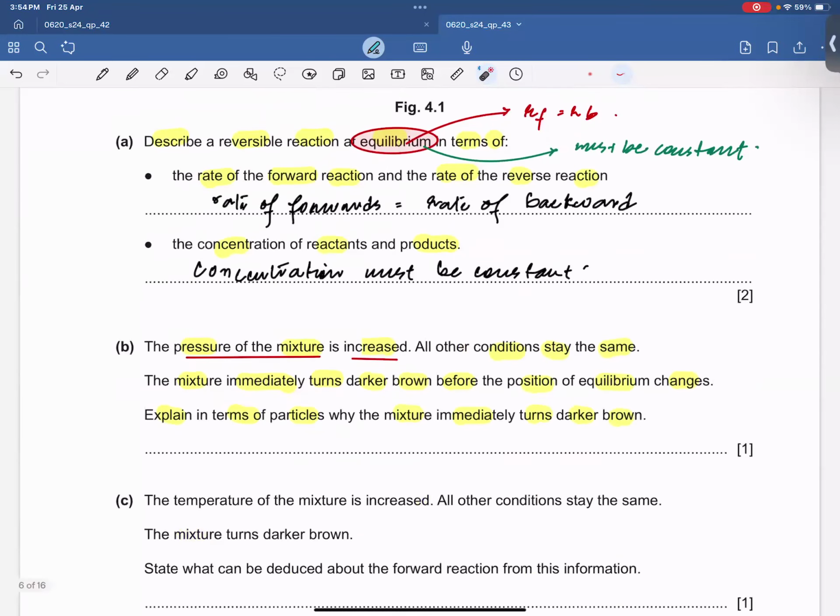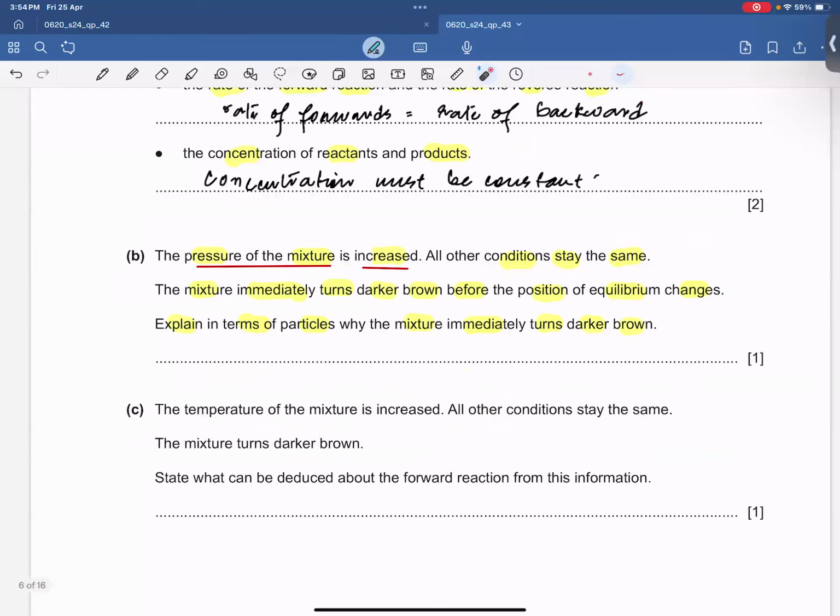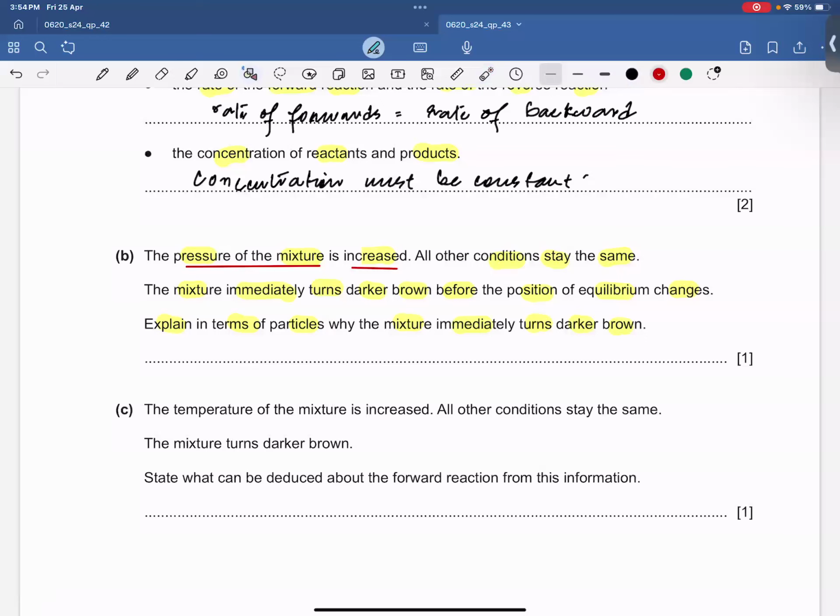So it has nothing to do with the equilibrium, it is in terms of particles. So at high pressure, molecules come close together.